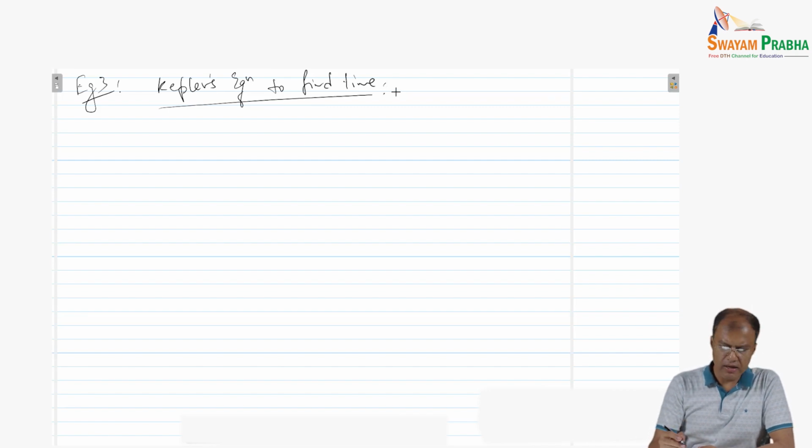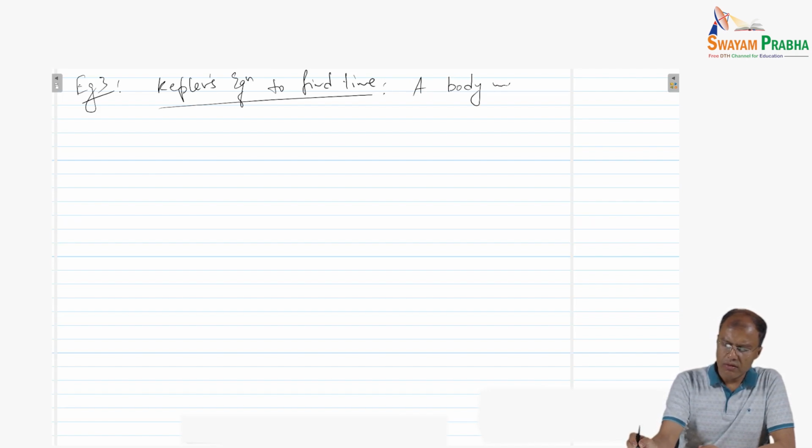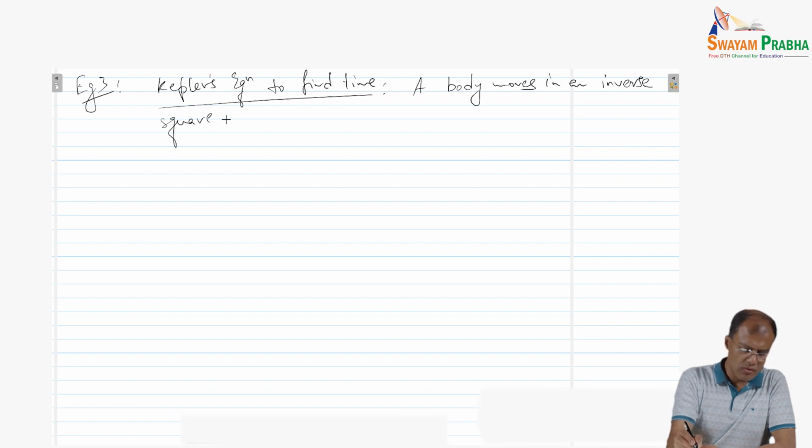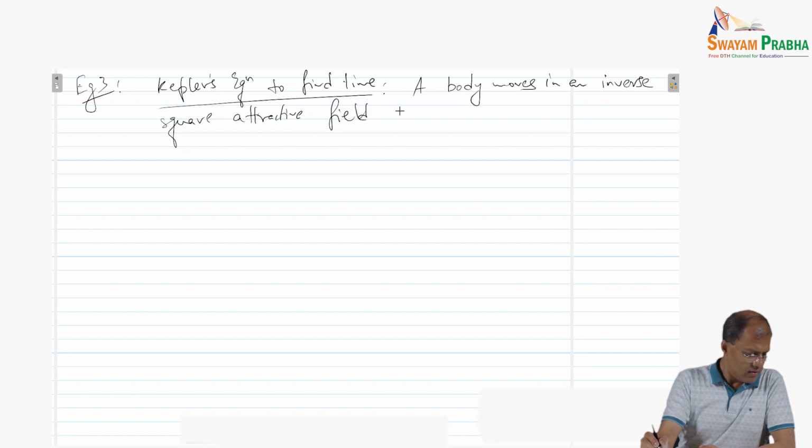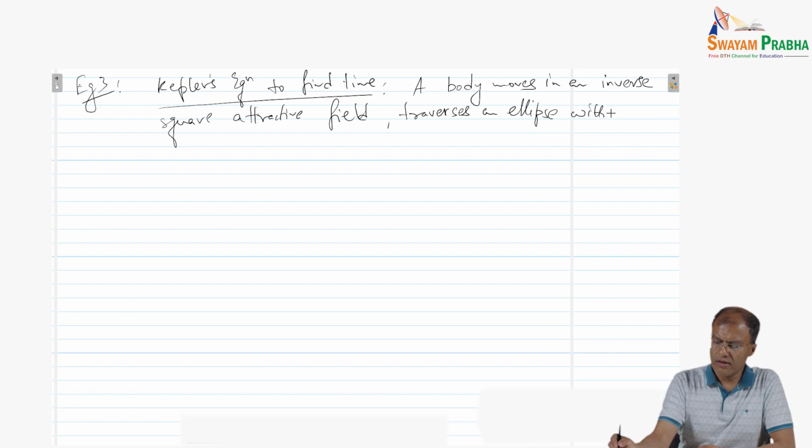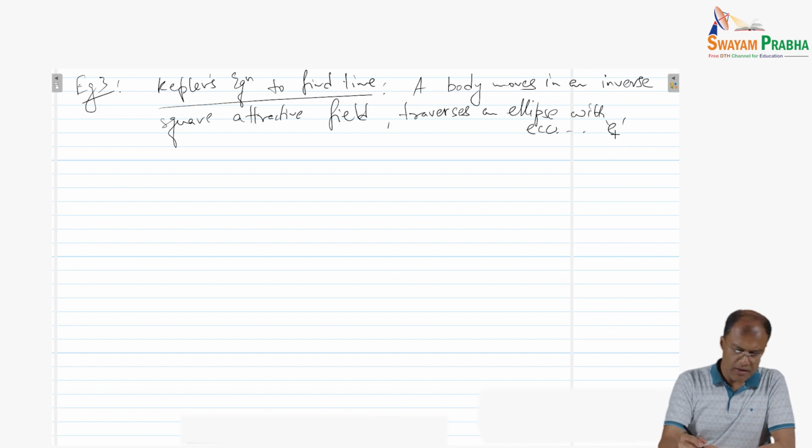So what have we got? So this is an example where we want to find the time of the motion of the body. So the body moves in an inverse square attractive field and traverses an ellipse with eccentricity e and period tau.